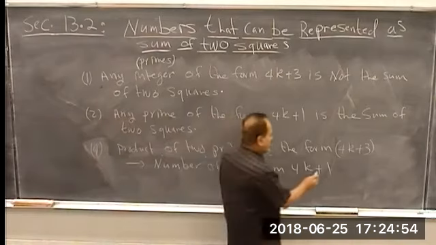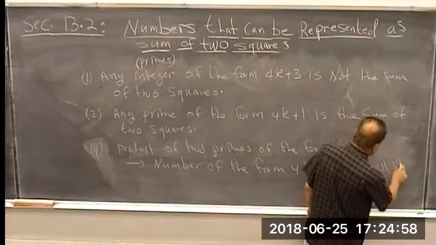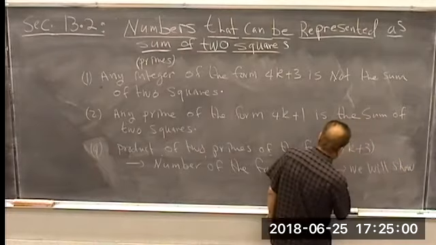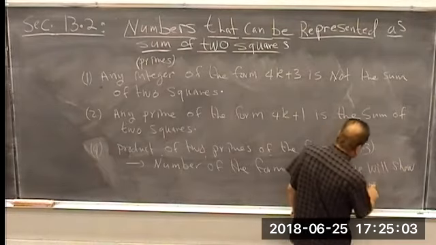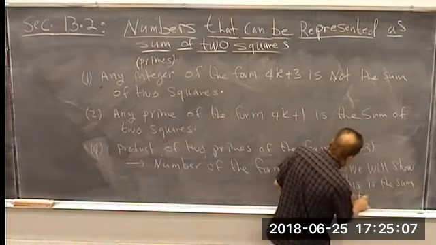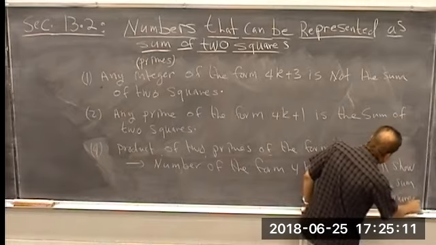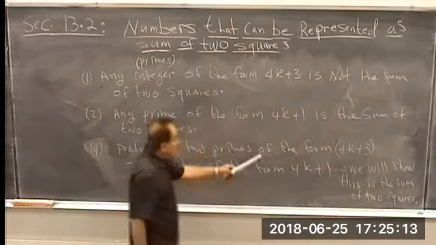All right, and we will show this is the sum of 2 squares. But we need 2 of them.